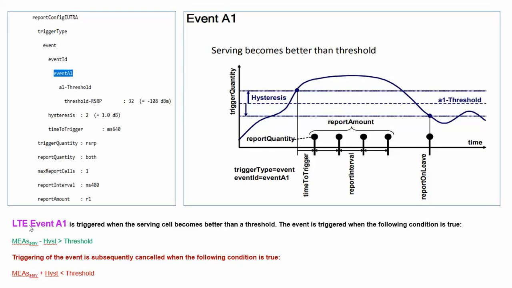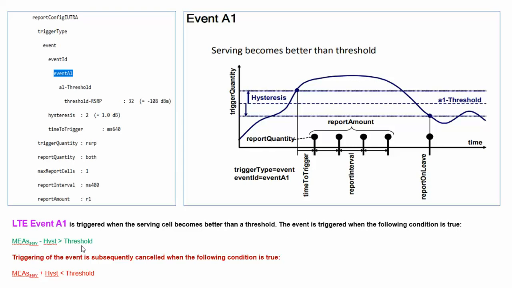Event A1 is available in 5G in the same way. The event is triggered when the following condition is true: measurement minus hysteresis greater than threshold.